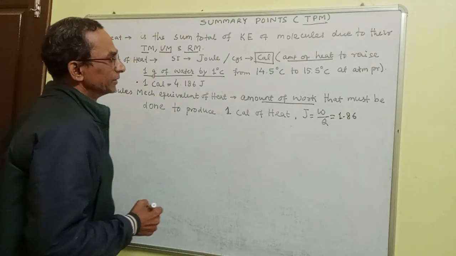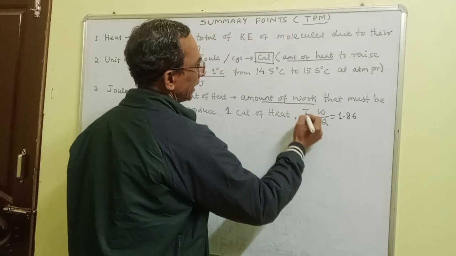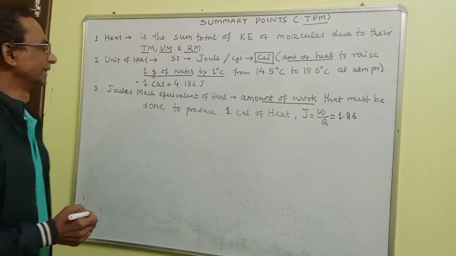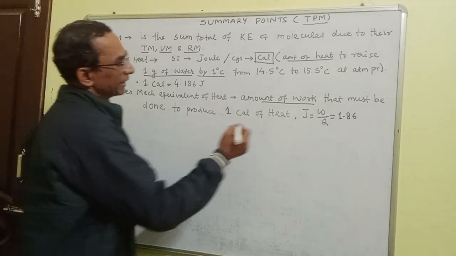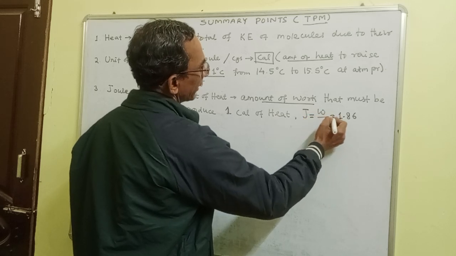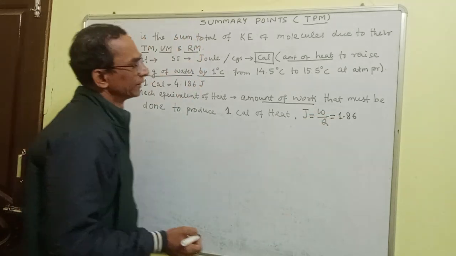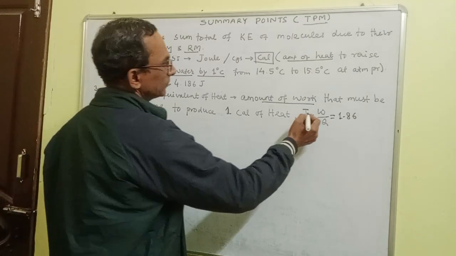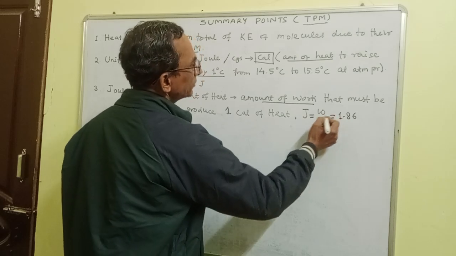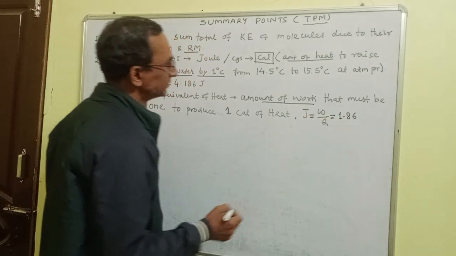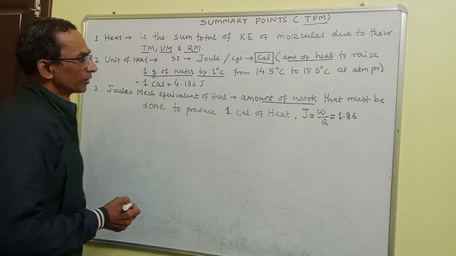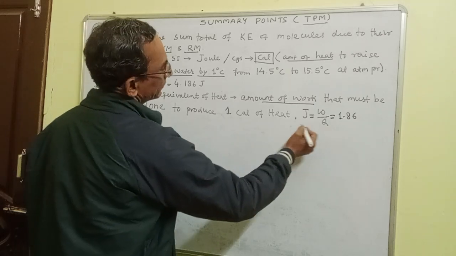This is the value of this J. J is Joule's mechanical equivalent of heat. ये proportion जैसे यूज हुआ हीट और वर्क डन में कन्वर्ट करने के लिए। So amount of work done divided by amount of heat produced gives the constant J, and this is the amount of work done per unit heat.